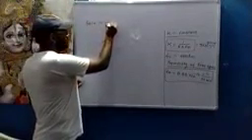Permittivity of free space. So the force in vacuum or air, F naught, is equal to 1 upon 4 pi epsilon naught Q1 Q2 upon r square.